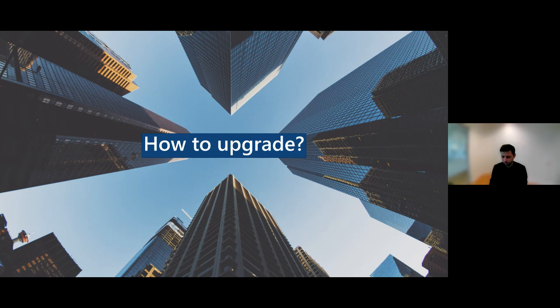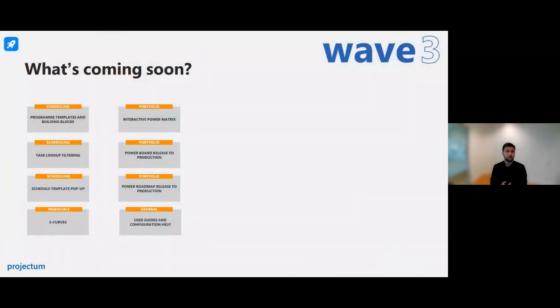We hope, of course, that you will upgrade as soon as possible. So then, looking a bit into what's coming for Wave 3, this is how it's looking for Power PPM. The first thing is that we want to build a bit more on the program management in Power PPM. And what we are going to look even more into is program templates.